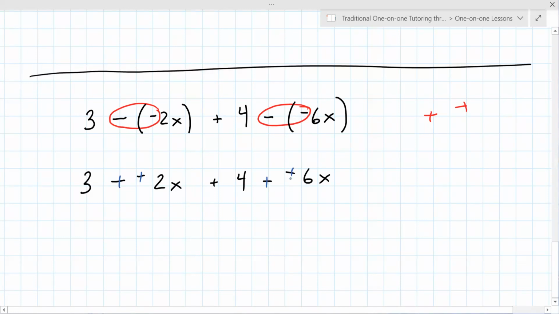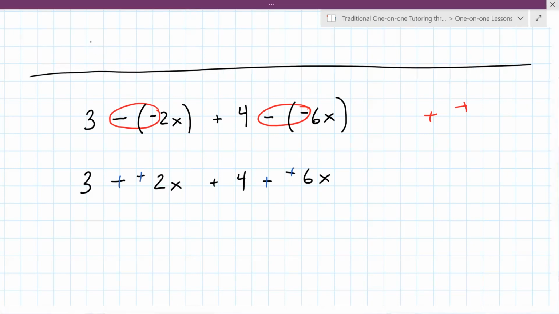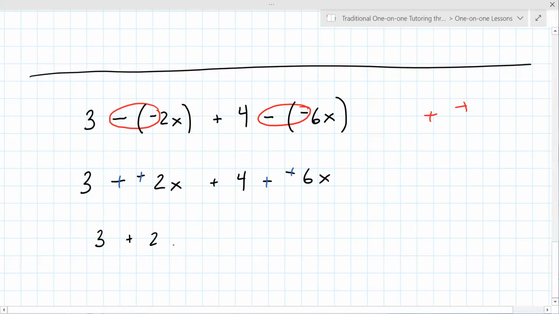Plus plus. And the reason is two negatives undo each other. Okay. So the net result here is 3 plus 2x. These two negatives combine into 1 plus 6x because these combine into 1.